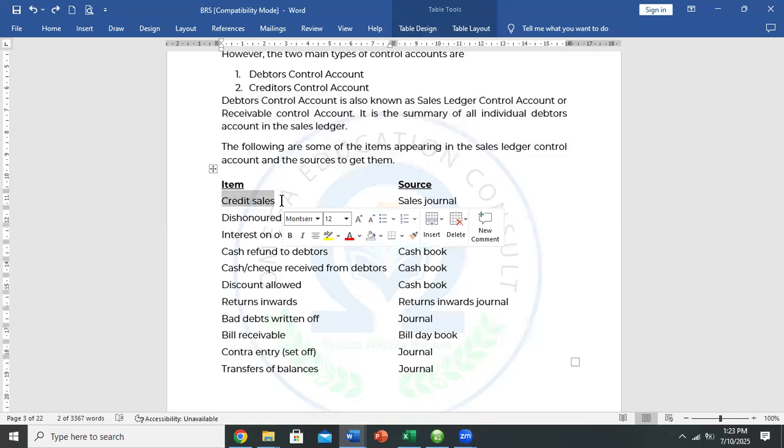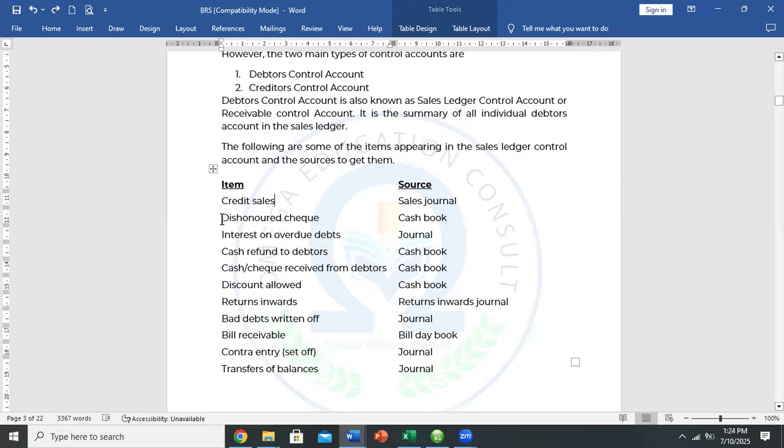That's credit sales. And you'll find this from your sales journal or your sales daybook. You remember when we're preparing the sales daybook, we only put in credit sales. So that's where you can find your credit sales. And normally you pick the totals.